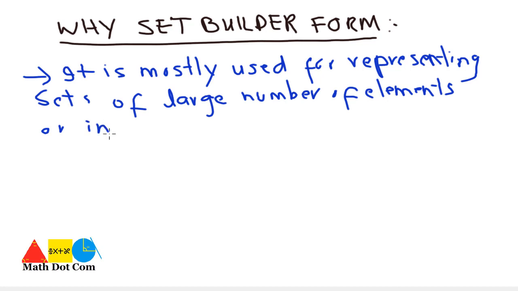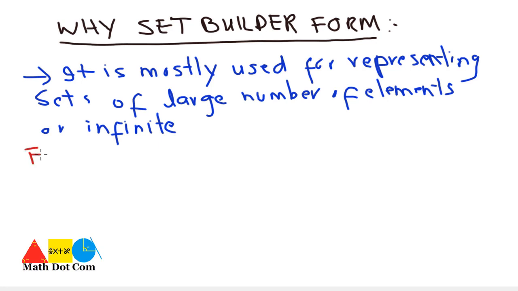This is one of the main reasons. It means when you have to represent a large number of elements or infinite number of elements, then you need a set builder form. Now let's take an example so you can understand how it is possible.